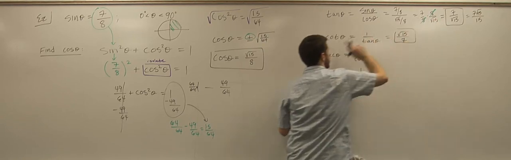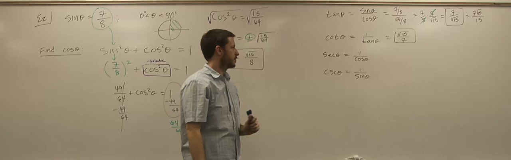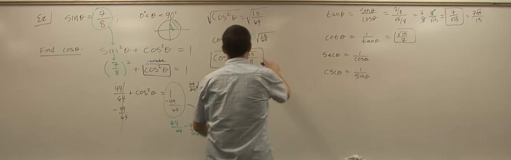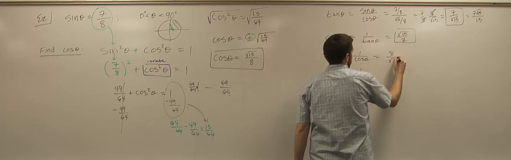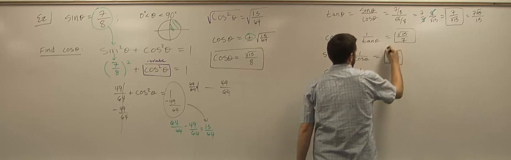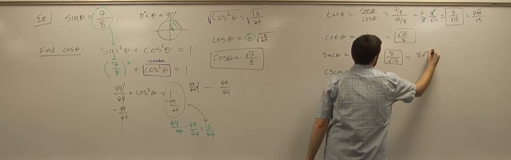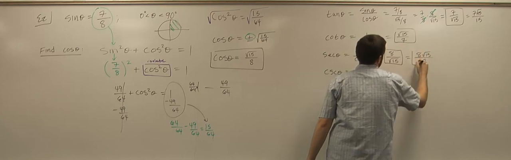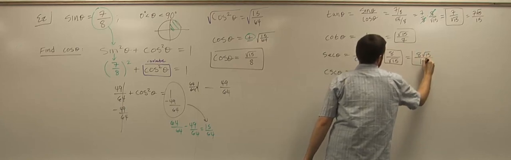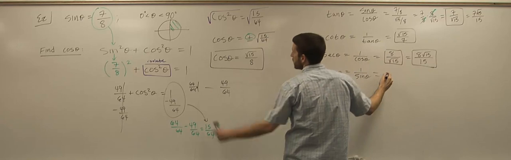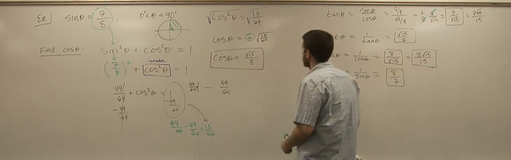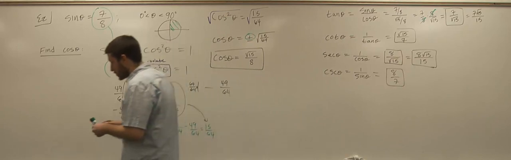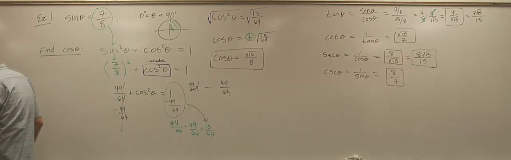I took tangent and I flipped it. That's cotangent. Secant is the reciprocal of cosine. Take cosine and flip it, which if you rationalize. Sine. So cosecant is 8/7.